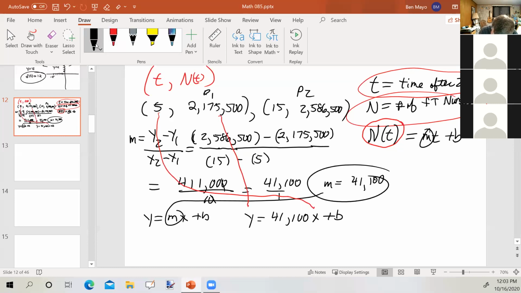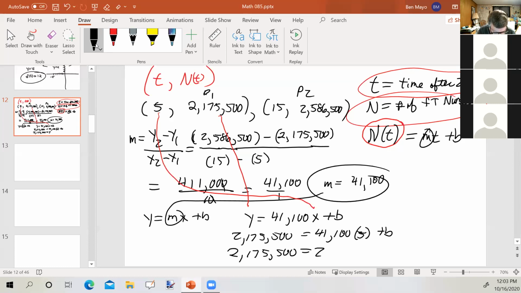So I'm going to get 2,175,500 equals 41,100 times 5 plus b. If we take 41,100 times 5, we get 205,500 plus b.